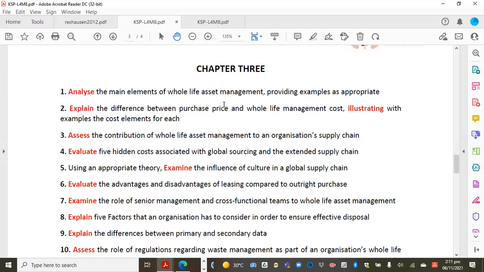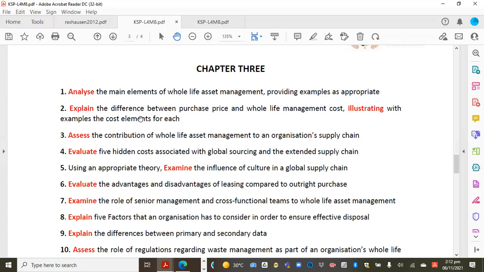We need to look at all these when we are doing whole life management cost. So you can use the iceberg to explain the difference. Price is what is shown, and whole life management cost includes price and all the hidden costs.